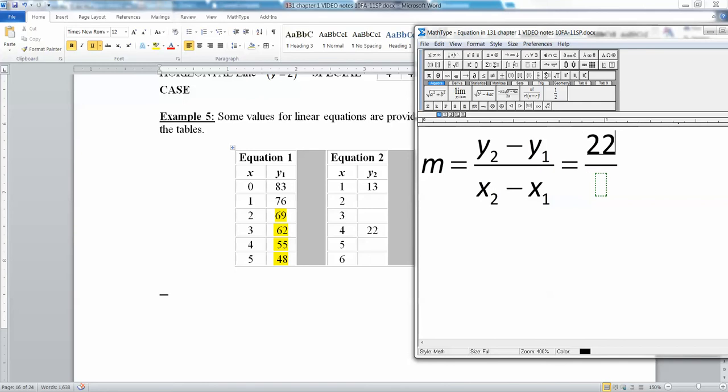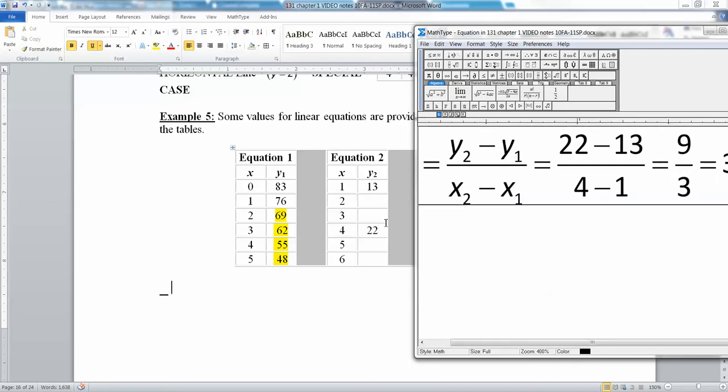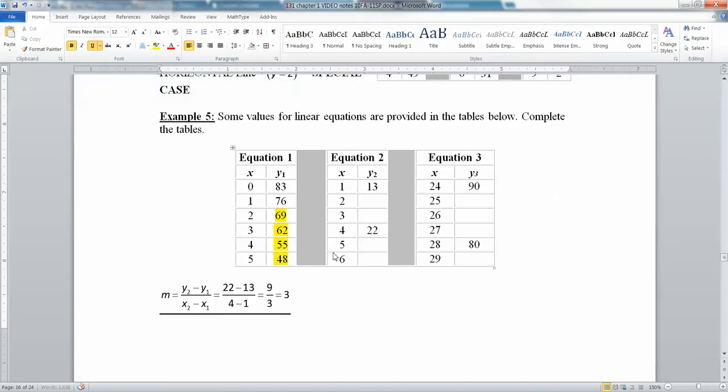So you can say, okay, that's 22, take away 13 over 4, take away 1. That is 9 over 3, which means my slope is 3. Right? Okay, and again, this one you could have gotten by guessing and checking, that's fine, but it doesn't hurt to know how to do it longhand if you have to, because if it's funky, if it's not a whole number, this is the only way you've got.